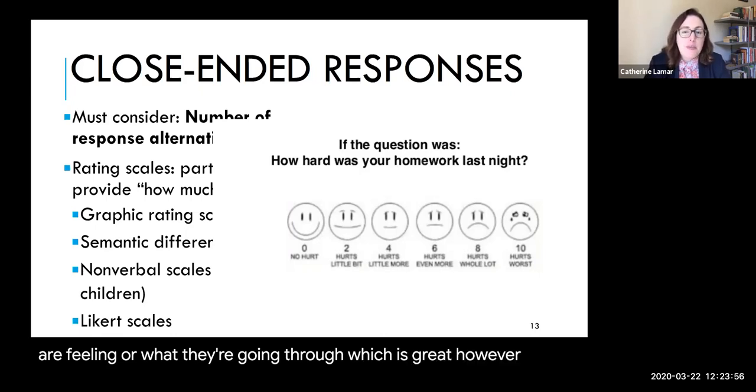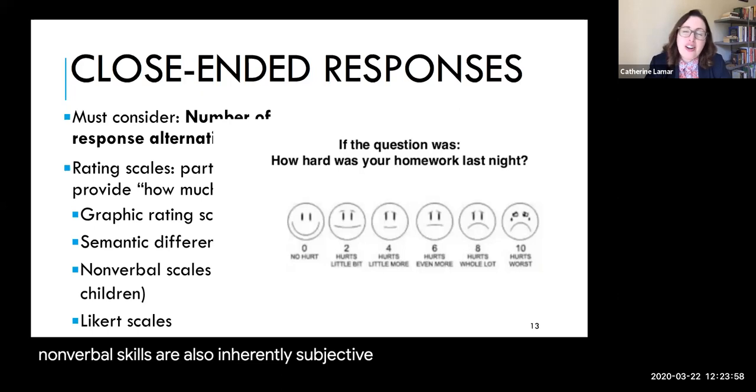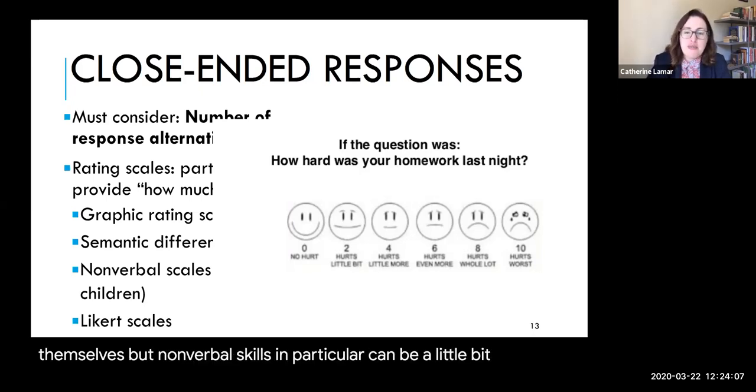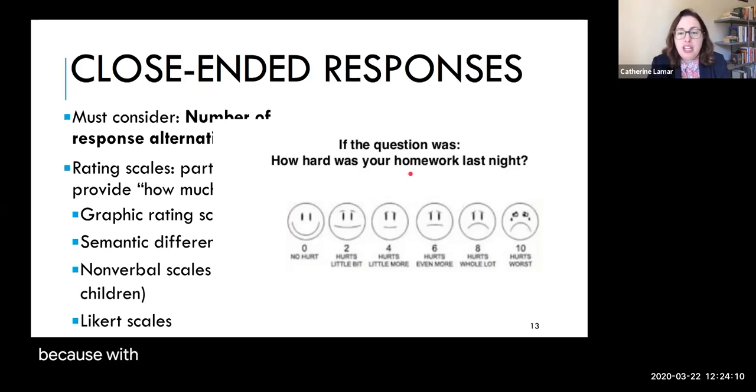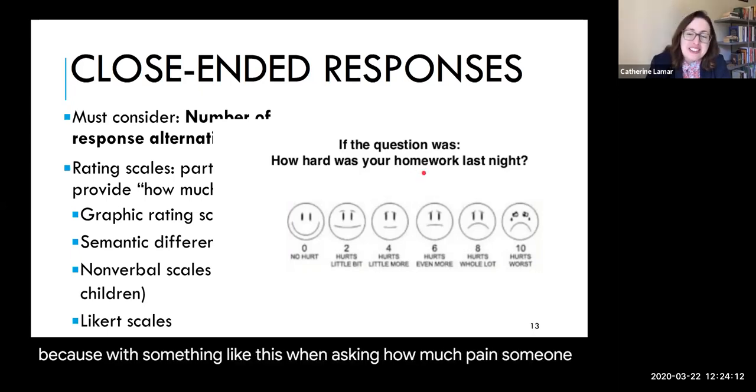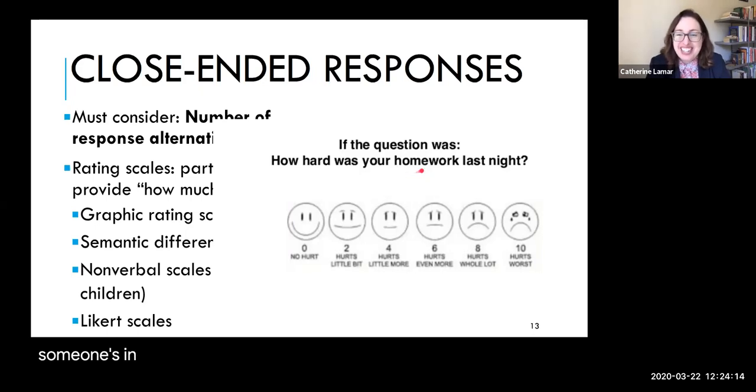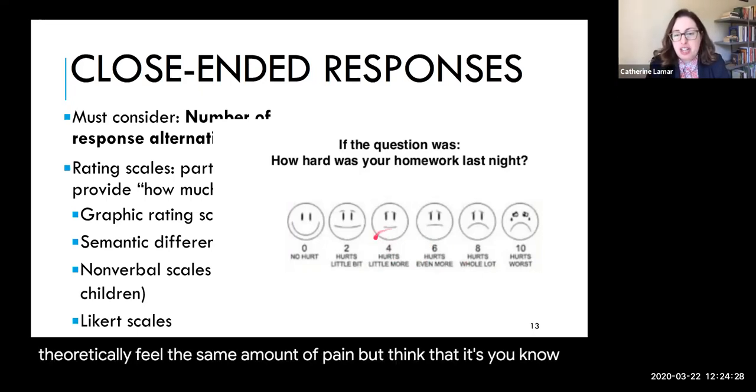However, nonverbal scales are also inherently subjective, and arguably survey research tends to be a bit subjective because people are just evaluating themselves. But nonverbal scales in particular can be a little bit subjective because with something like this, when asking how much pain someone's in, or in other words, how hard was your homework last night, if you're looking at this picture, someone could report a value of 6 for the amount of pain that they're in, and someone else could theoretically feel the same amount of pain, but think that it's a value of a 4.